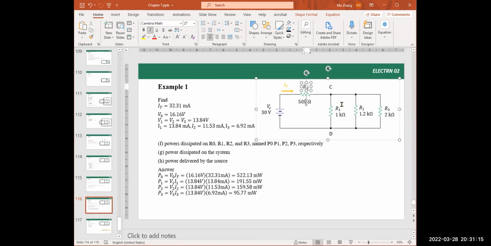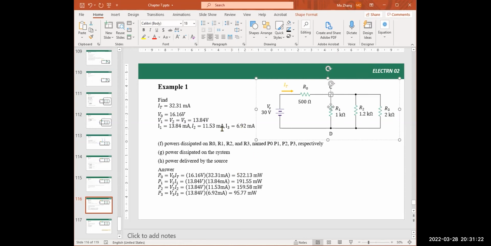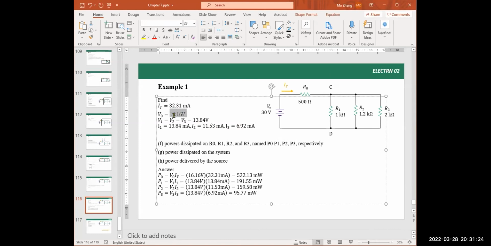The power dissipated on R1, R2, R3 are similar. First, we know the voltage across that one equal to a label. I put all of them here. 13.84. The current is 13.84 milliamps. So if you multiply these numbers, is the power dissipated on R1. And then the voltage multiplied the current in this branch is the power dissipated on that branch R2.